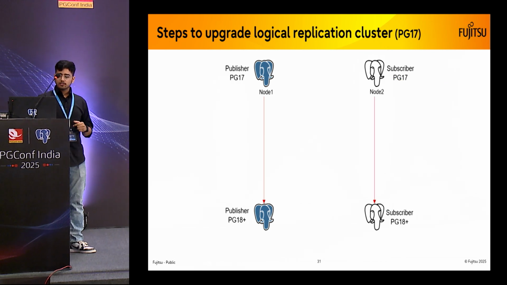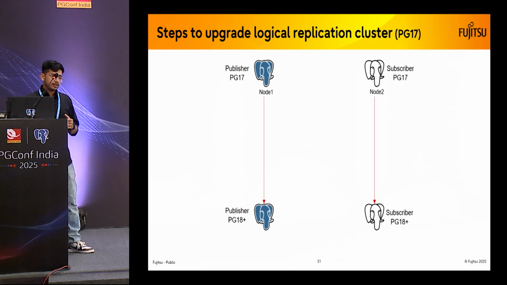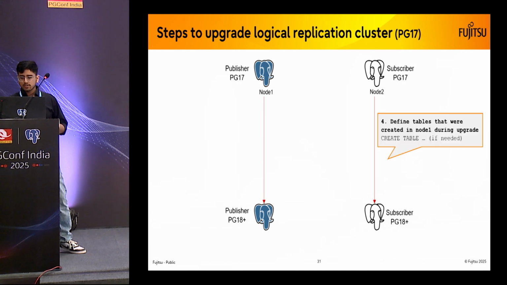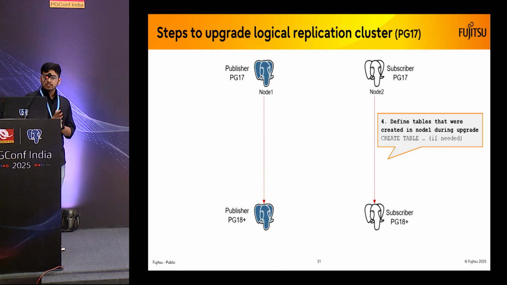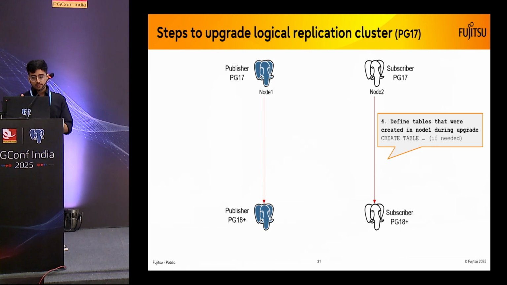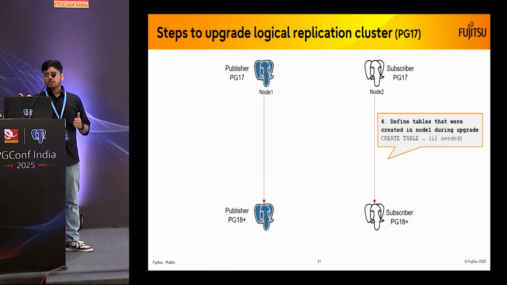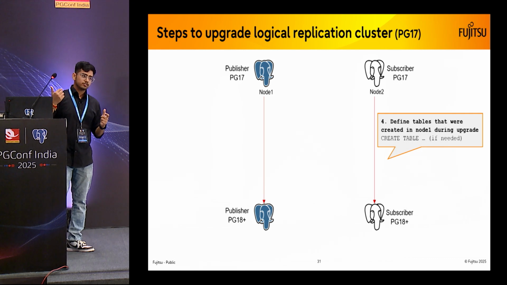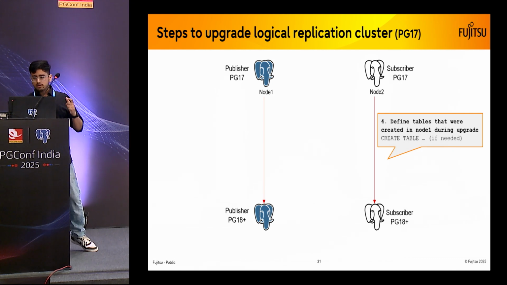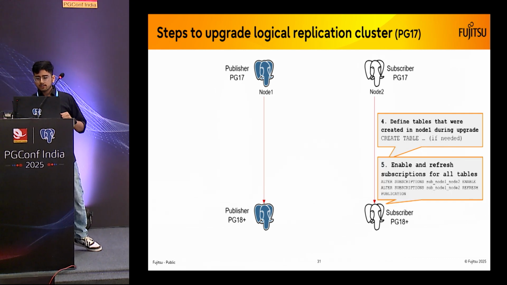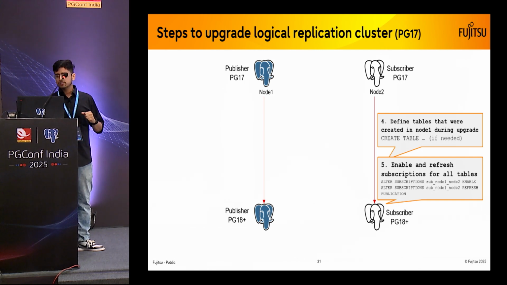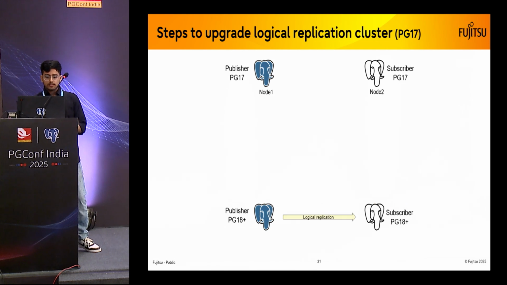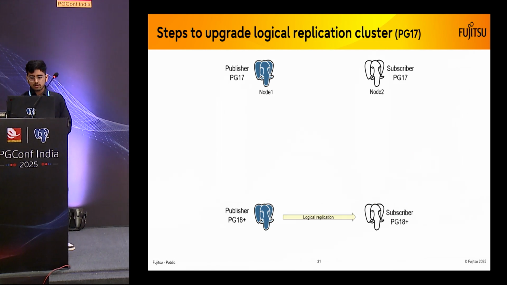In this case also, we don't need to truncate and recreate the subscription, because subscription related information is preserved. We just need to define the tables which were created on the publisher during the upgrade of the subscriber node. Once we create those, we just enable and refresh subscriptions for all tables, and the logical replication setup is done.